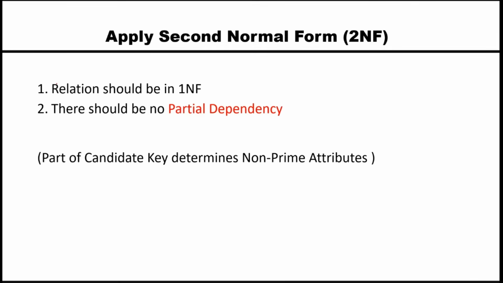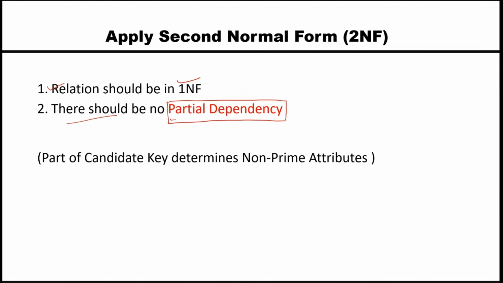The first point: the relation should be in 1NF, absolutely no problem in this first point. Then the second point, minimized to the least level: there should be no partial dependency.